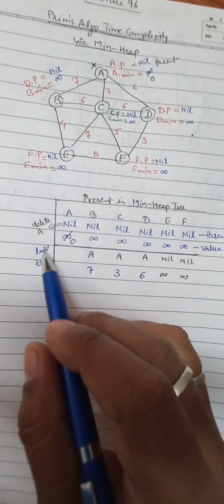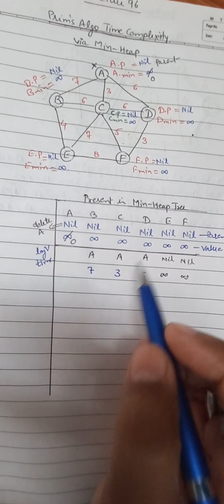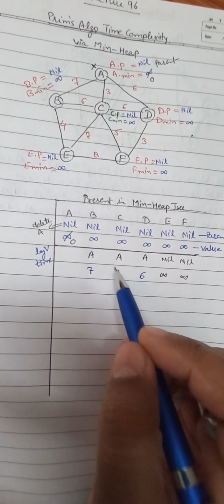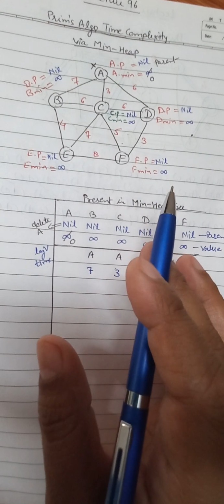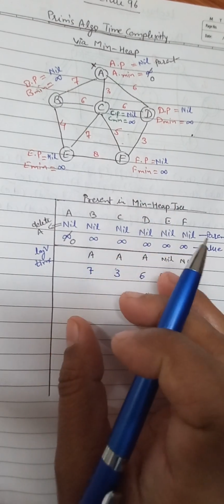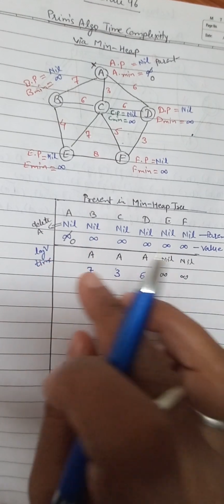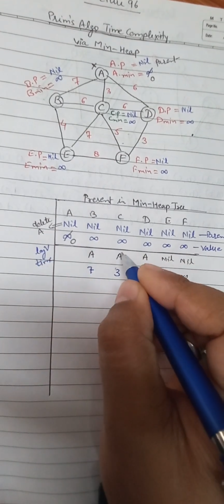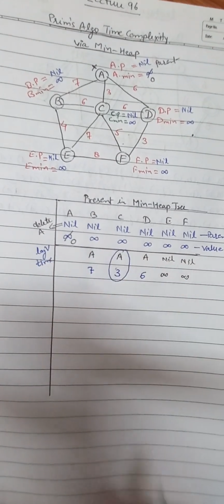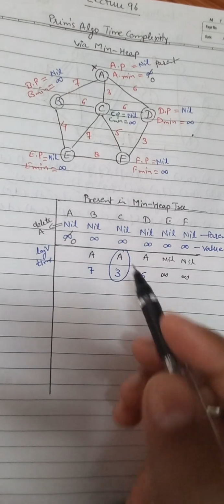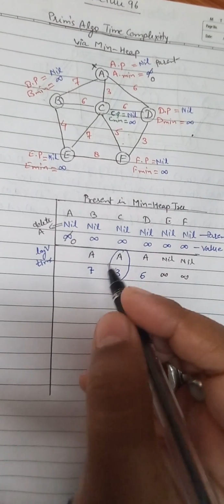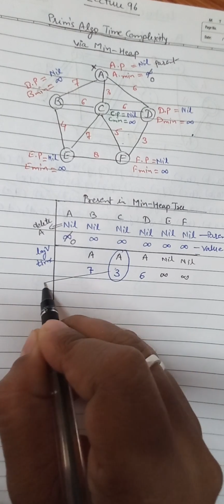That's why we are saying that log v time it will take, because next we can delete which is the minimum one. First we can take anything, after that we need to find the adjacent with the minimum weight. So log v time it will take every time. So now we are deleting this one. This is C. We are deleting C.